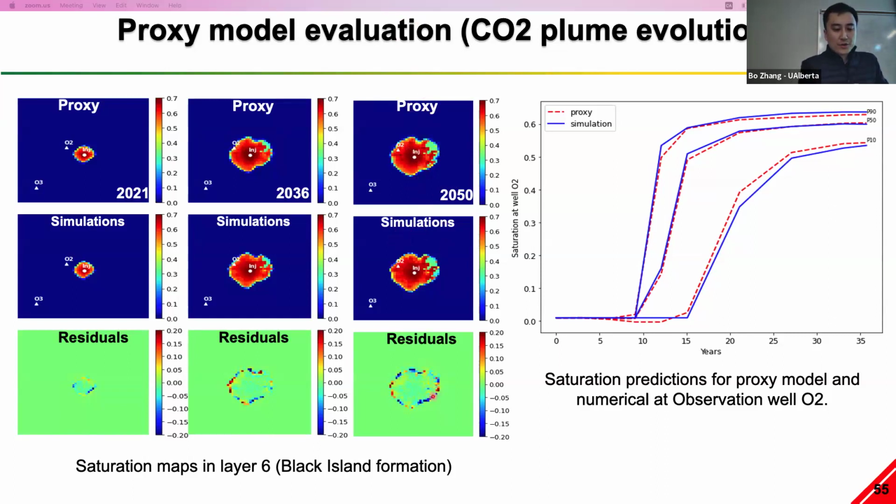And also the residuals, we could see a little bit of variation near the edge, but still it is fine. And we could see that with those different realizations, this is P10 and this is P90, there is a huge variation of the saturation predictions for the proxy models. We actually replace it with a fictitious observation well that is, I think, around 1 kilometer away from the injection.